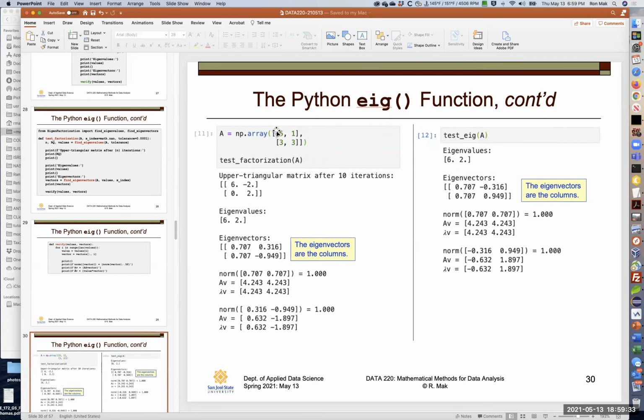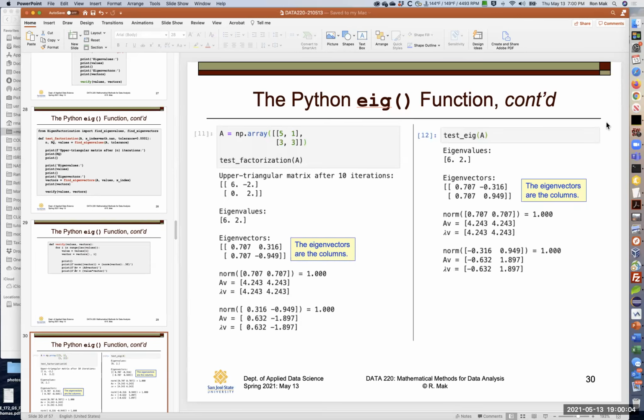Here is our original matrix. We do the calculations, converting the matrix to triangular. We pick off the eigenvalues. We compute the eigenvectors, and then we compute the norms of them.